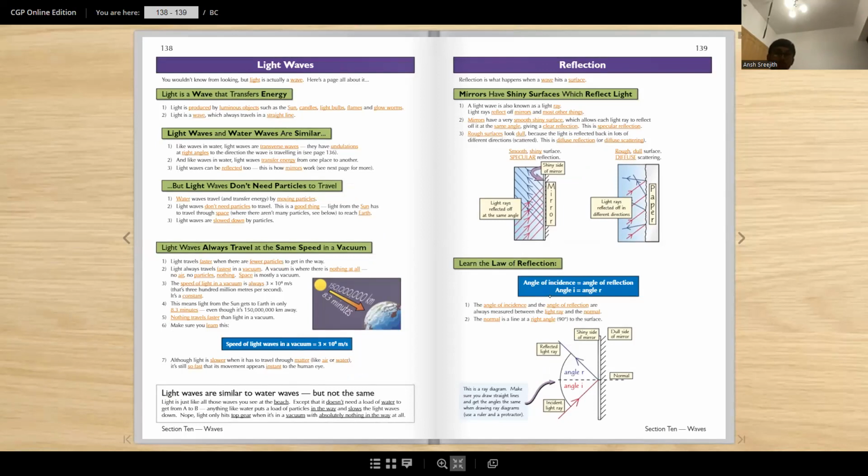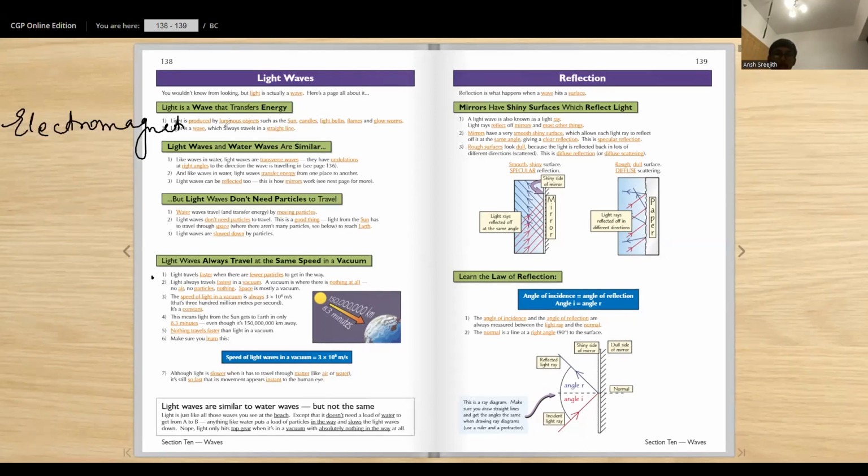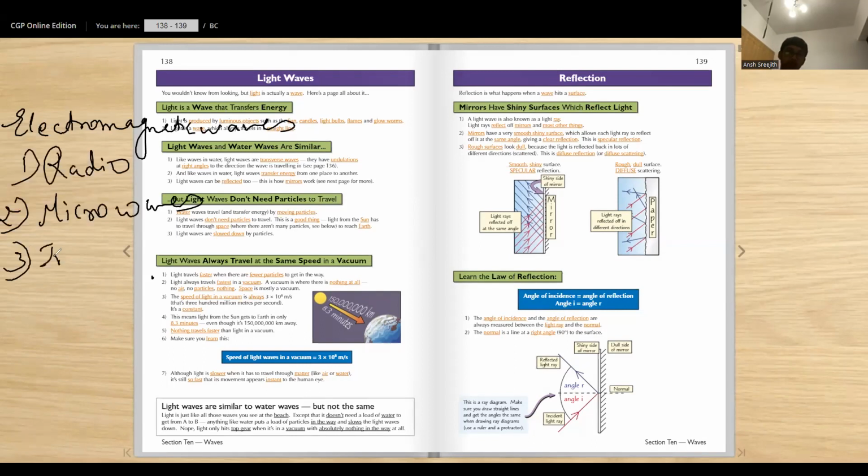It comes under the category of electromagnetic waves which is known as visible rays. Light comes under the category of visible rays in the electromagnetic spectrum. We have just studied this: higher frequencies of radio waves, then microwaves, then infrared rays, and then visible rays.